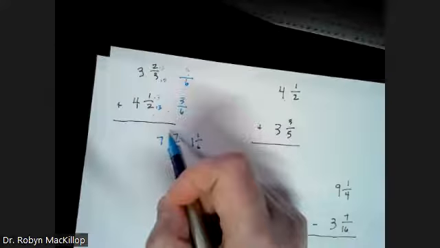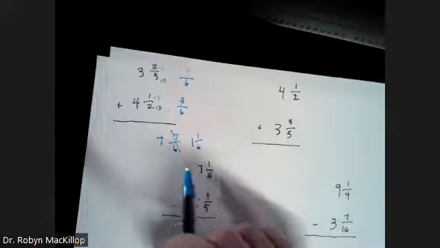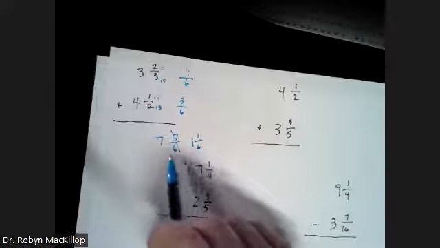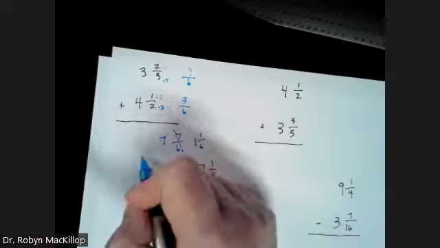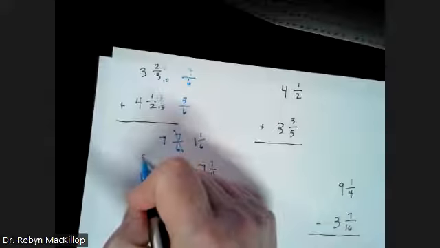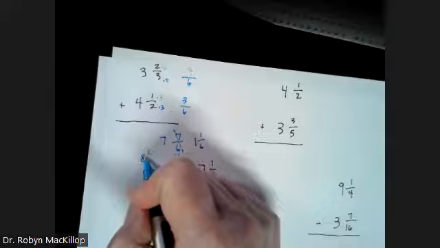So this one is done. We've got 7 and 1 1/6. You just add those 2 whole numbers. So your answer is 7 plus 1 is 8 and 1/6.